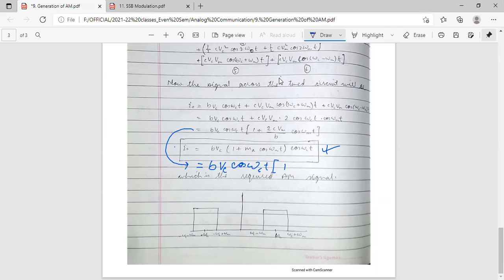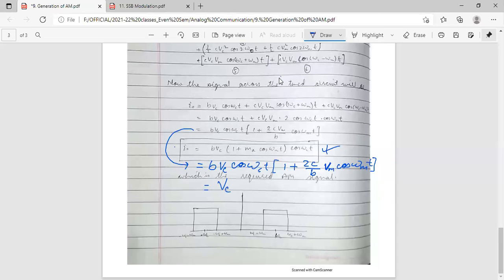So here it will be 1 plus 2c by b Vm cos omega mt.